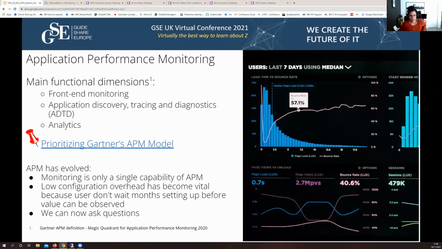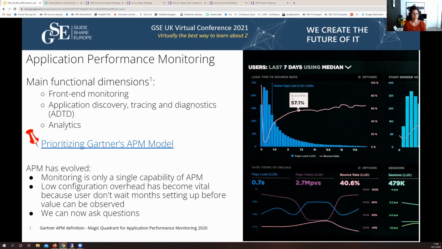So application performance monitoring, I think everyone knows what it is. I'm just going to call it APM from now on. I've extracted 3 dimensions that have been defined by Gartner, and they were published in the 2020 Magic Quadrant for APM report. The dimensions of APM, according to Gartner, include the front-end monitoring. This is usually prioritized by users.